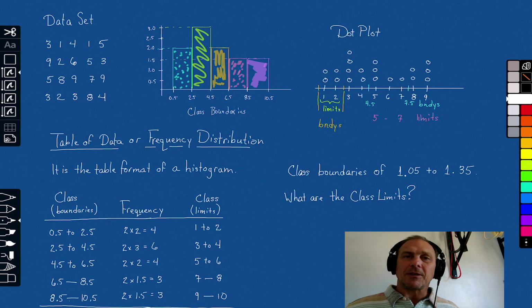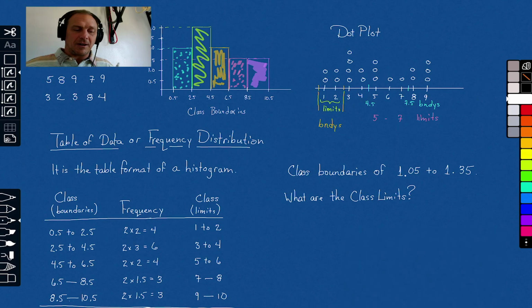Okay. Well, think of it this way. Remember, the boundaries always split the units. So in the easy example of digits of pi, we said that if our data was in whole numbers, our boundaries would be the next half unit below that. So in this case, think of if we had a number line here.